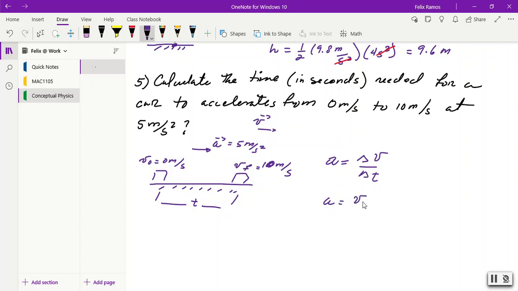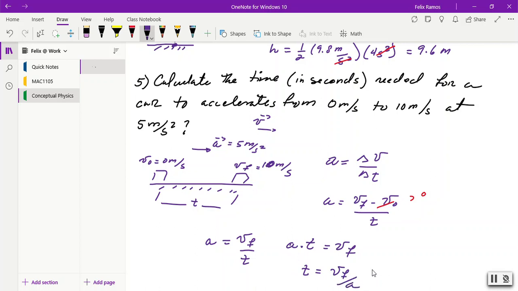So this is final velocity minus initial over time. The initial is 0. So we have that the acceleration is v f over time. Now we multiply by time on both sides, so we get a times the time equals v f. We divide by the acceleration, so time is equal to v f over the acceleration.